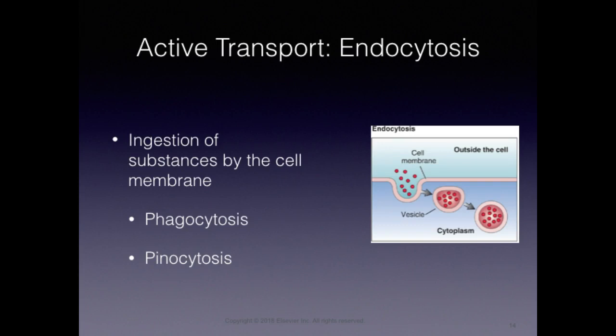Here is an example of endocytosis, and there are two subcategories of this. If the particle itself is too large to pass through that semi-permeable membrane, the cell membrane, then it will come to the surface and the cell membrane actually will wrap itself around the product and bring it inside in a little vesicle within the cytoplasm.